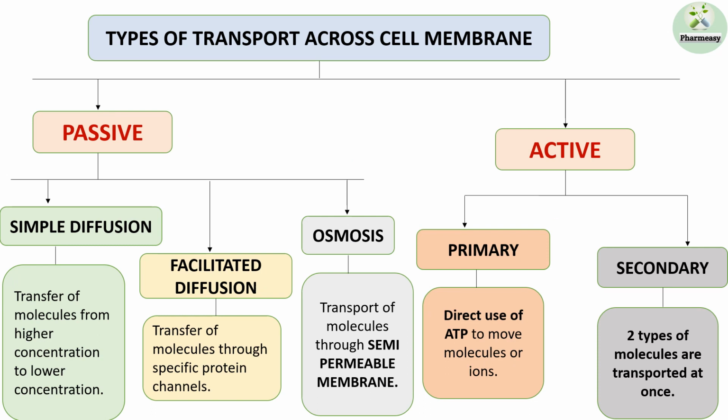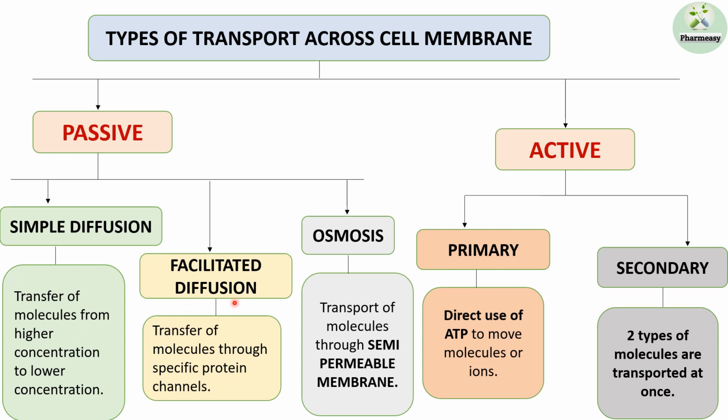It is of two types, passive transport and active transport. Passive transport is further classified as simple diffusion, facilitated diffusion and osmosis. In simple diffusion, transport of molecules or ions from higher concentration to lower concentration without consumption of energy. Next is facilitated diffusion.